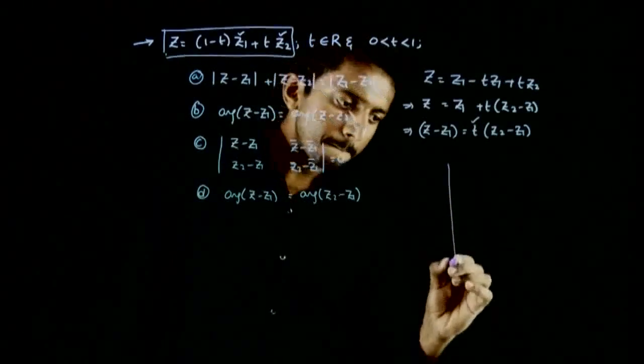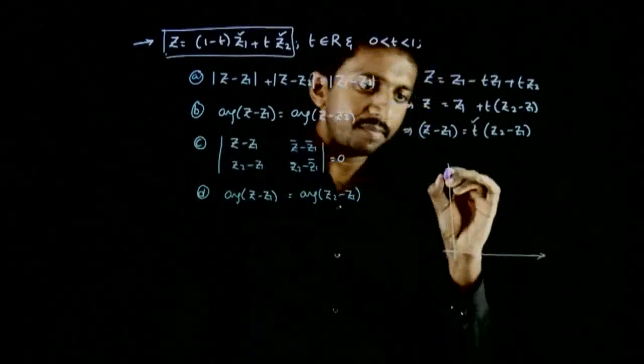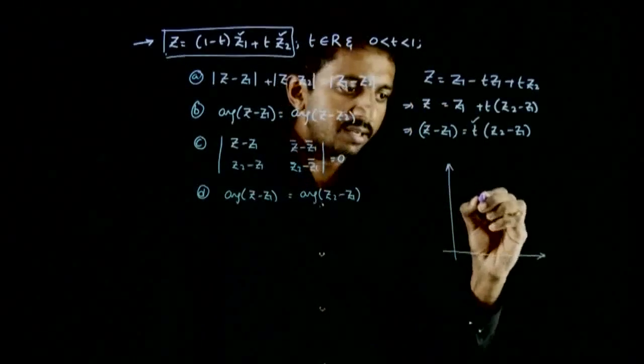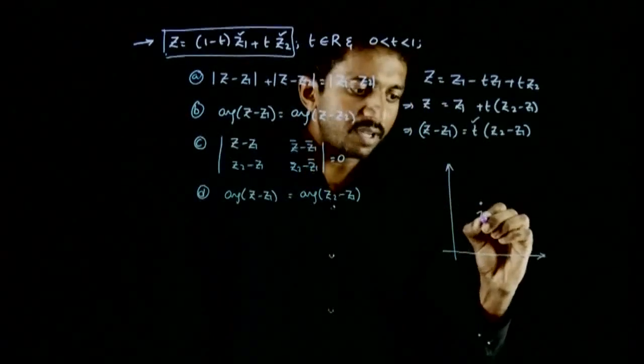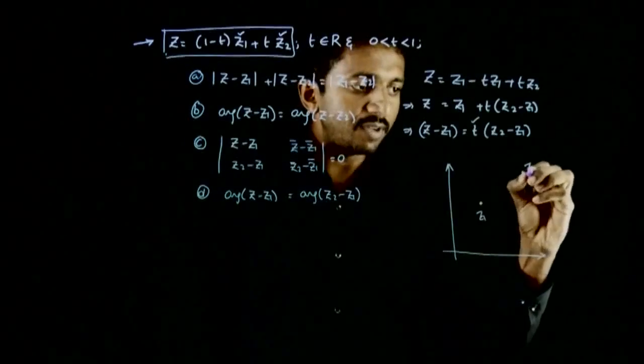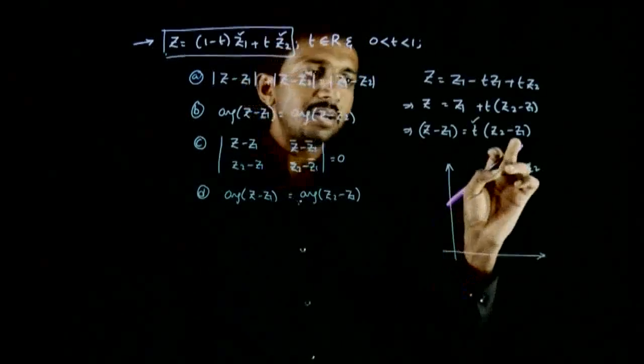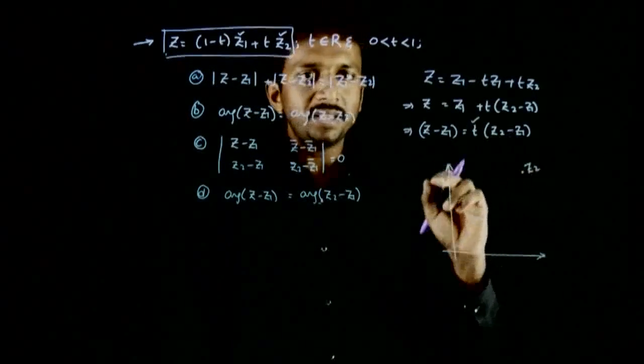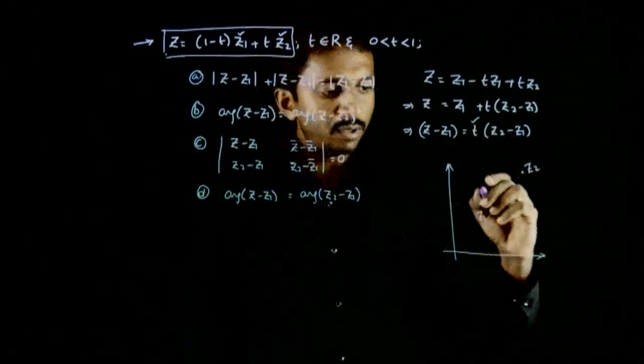So if you draw the Argand plane, and take z1 to be somewhere here and z2 somewhere here, then z2 minus z1 is the vector going from z1 to z2.